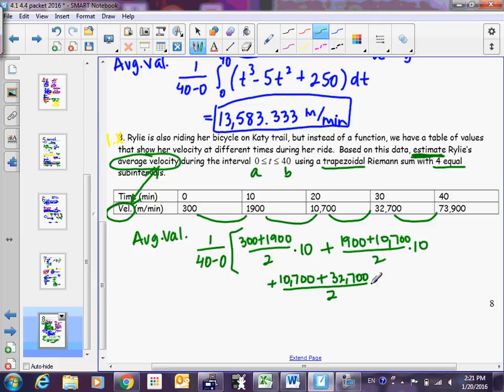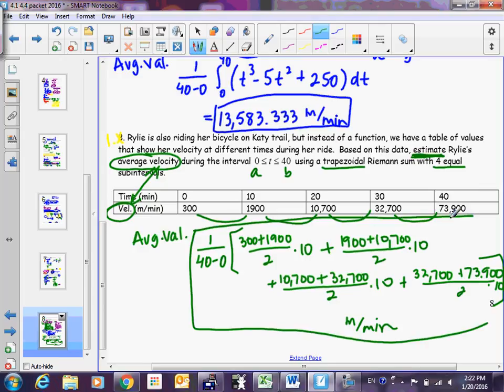Remember, for trapezoids, you add them up, you divide by 2 because you're averaging them. Then you multiply by the time elapsed. Do you have to simplify this? No, we did. I'm kind of running out of room here. We did, but you don't have to anymore. Put your units on there and call it a day.